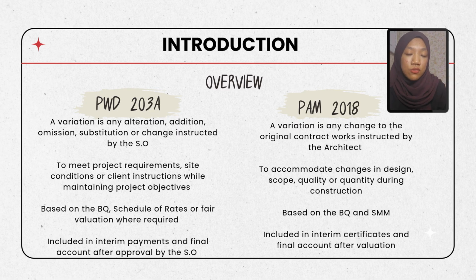After the architect values and certifies the variation, it is included in the interim certificates and the final account. Although both contracts allow changes to the original works, the main differences are the person who issues the instruction and the basis used to value the variation.